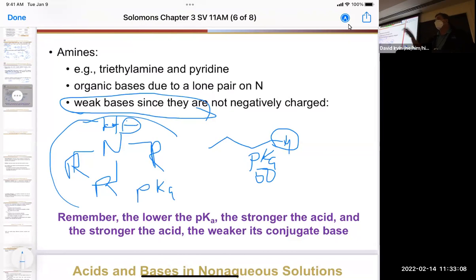Remember, we only can do pKa's of acids, so we have the conjugate acid here at 10. So that amine is a much stronger acid as its conjugate acid, but it's a much weaker base than the negative charge on carbon.